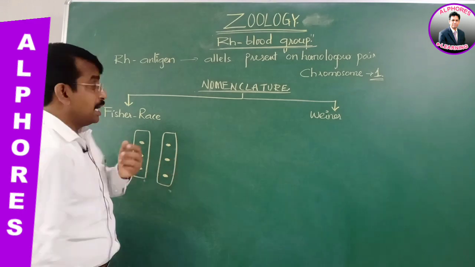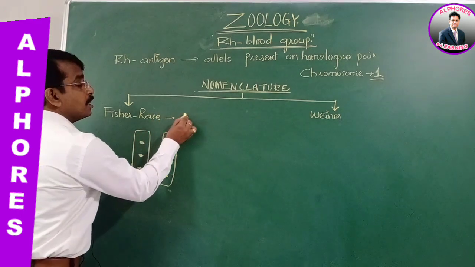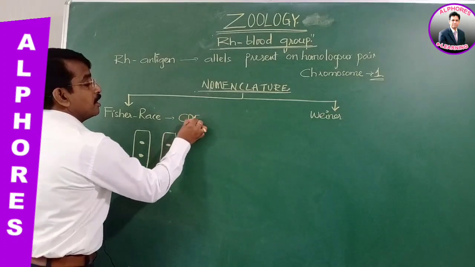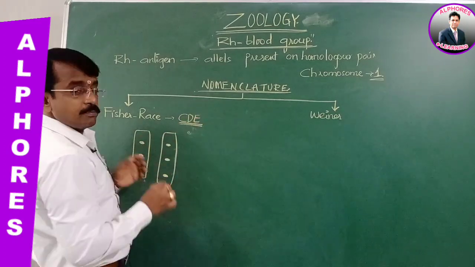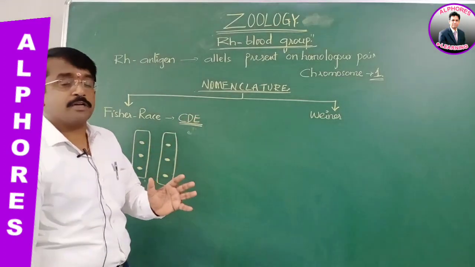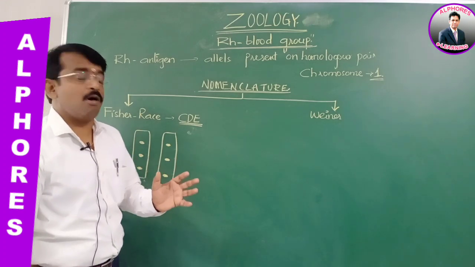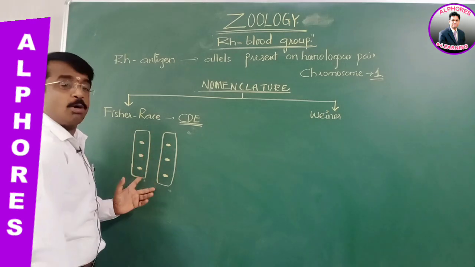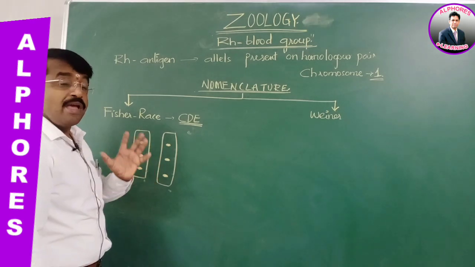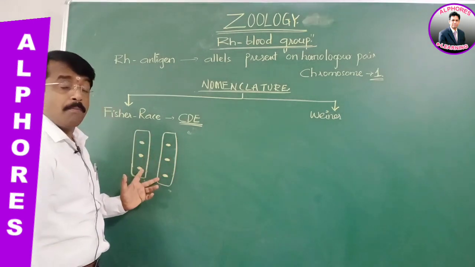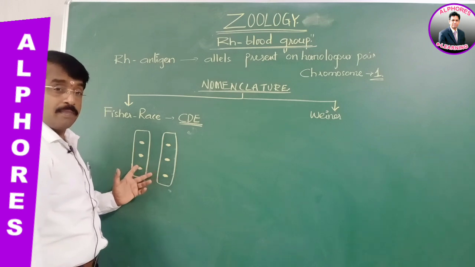Is it right? That's what is said to be the CDE nomenclature system. According to Fisher and Race, there are 3 pairs of genes present on 3 different loci, on a pair of chromosome number 1.